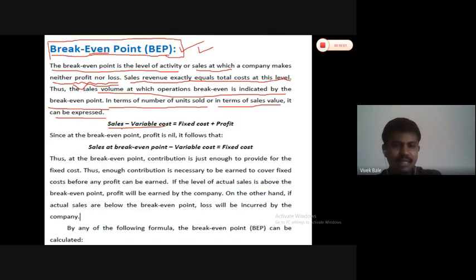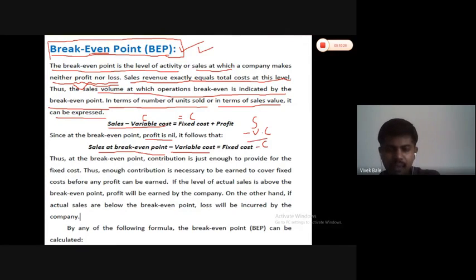See here, sales minus variable cost. What is that? It is contribution. And fixed cost plus profit is also equal to contribution. It means if contribution is equal to contribution, there is no profit, no loss. Since at the break-even point the profit is nil, sales at the break-even point minus variable cost is equal to fixed cost. The reason is sales minus variable cost is equal to what?